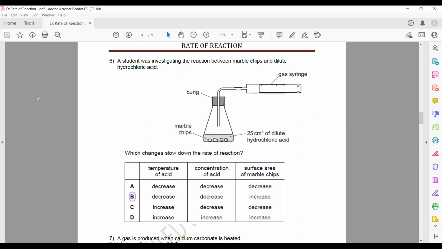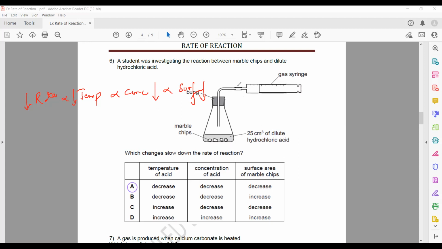The rate of the reaction is directly proportional to temperature, directly proportional to concentration, directly proportional to surface area. So if we want to decrease the rate, we should decrease the temperature, we should decrease the concentration, and we should decrease the surface area.